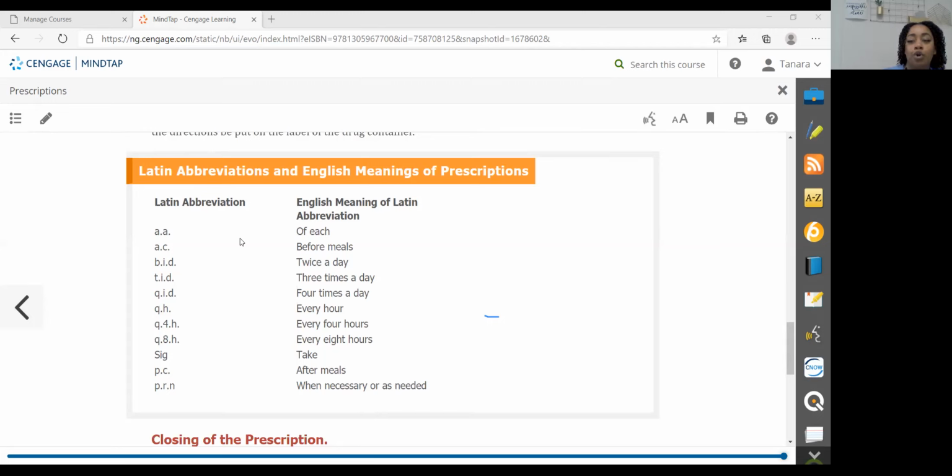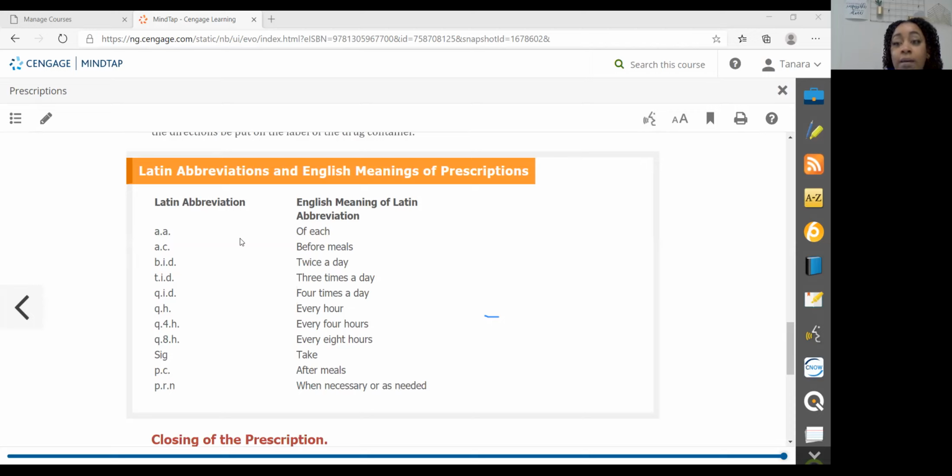BID, normally when you see B, it symbolizes by. By is twice a day. TID, try, means 3 times a day. And quad, QID, 4 times a day. Q4H, every 4 hours.